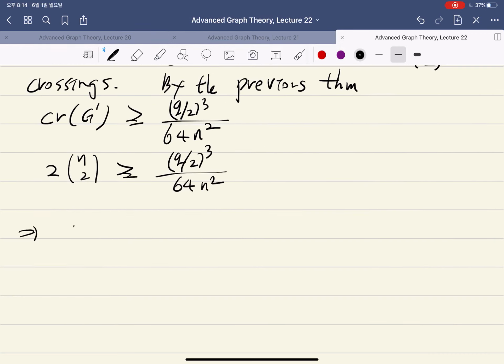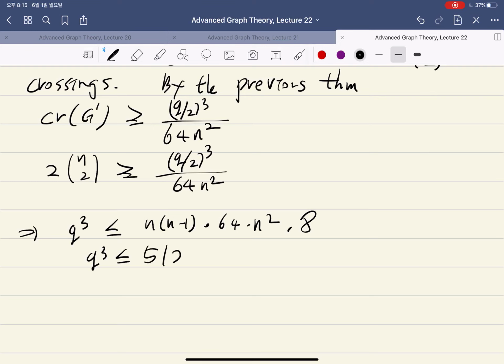So this shows that Q cubed is at most n times (n minus 1) times 64 times n squared times 8, so Q cubed is at most 112 times n to the fourth.